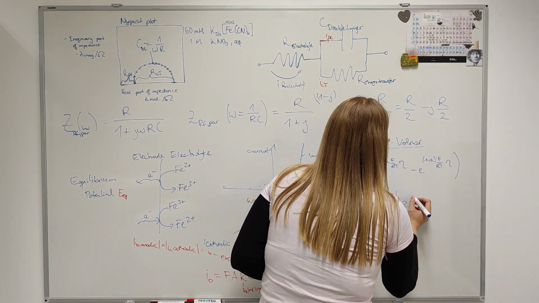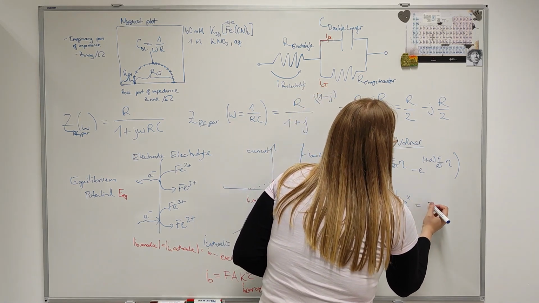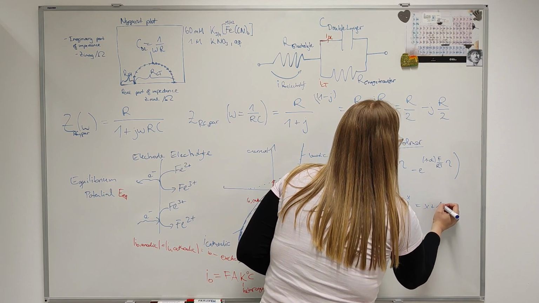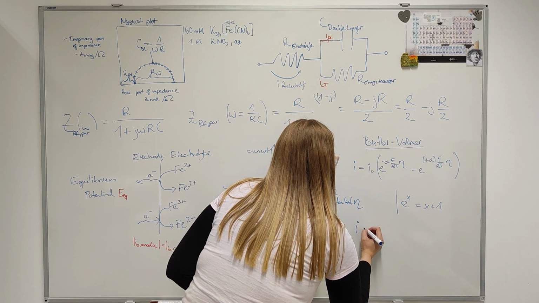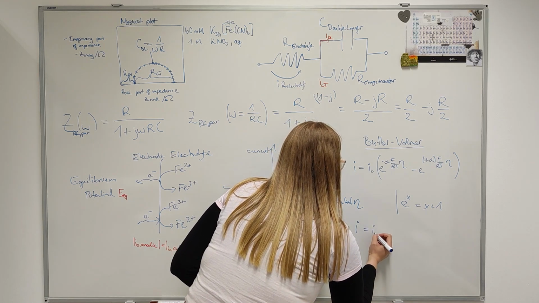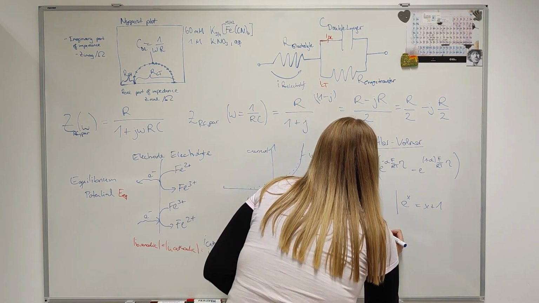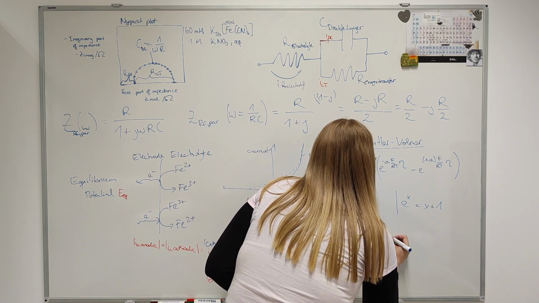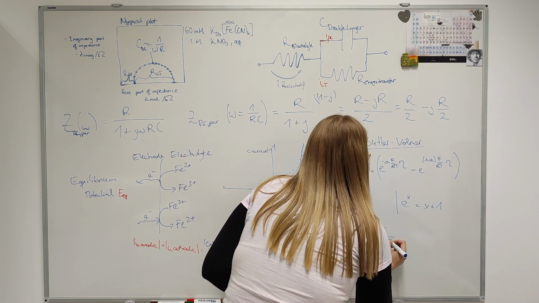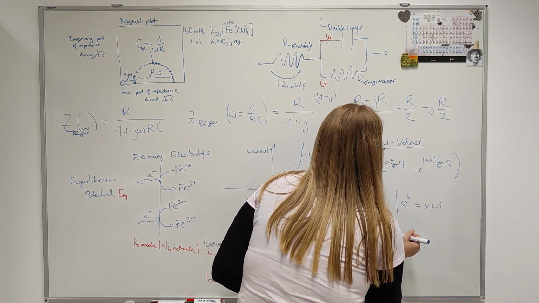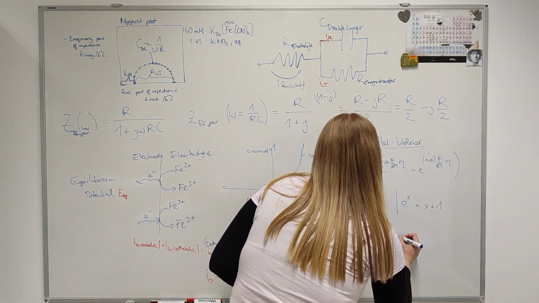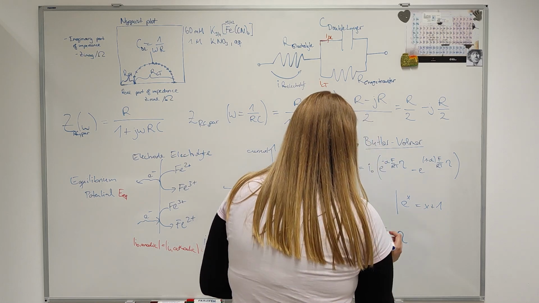This simplifies this exponential function actually to x plus 1. Meaning that I here then get just my exchange current, the constants, Faraday constant, gas constant and temperature, which is not constant, but I keep it constant in the experiment, and the overpotential.